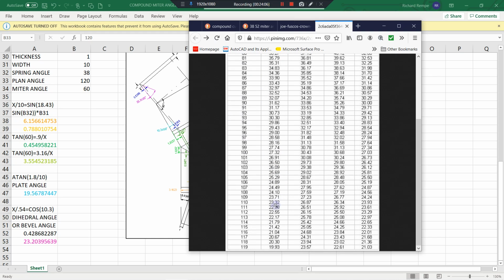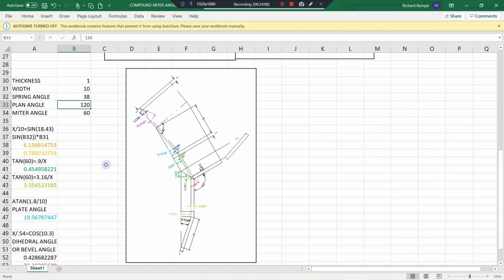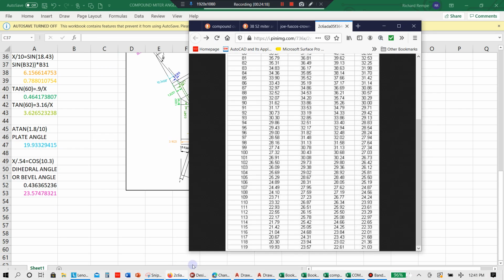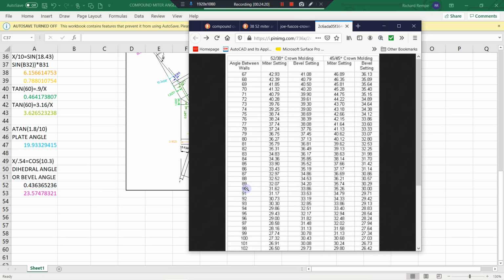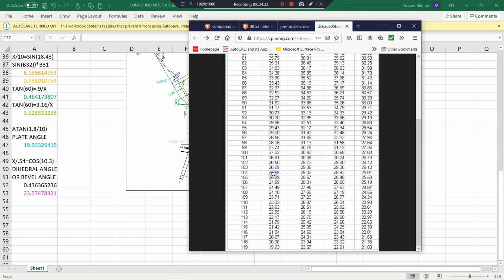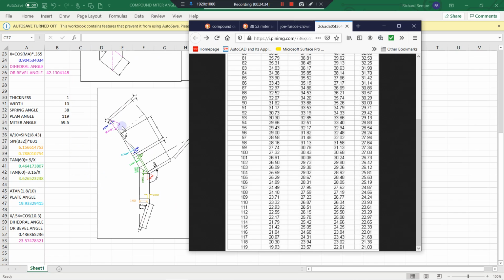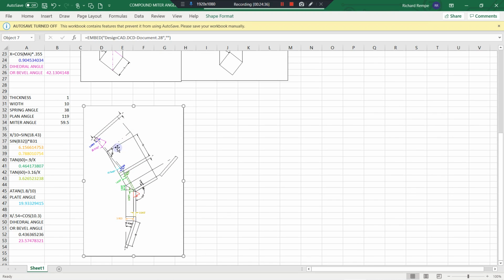Oh, it ends right there, 119. Let's go 119. Check that. And the spring angle, I think the spring angle is probably 52.38. The nice thing about this is you're not restricted to whatever. You can do your own, depending on if it's a custom spring angle or a custom wall.